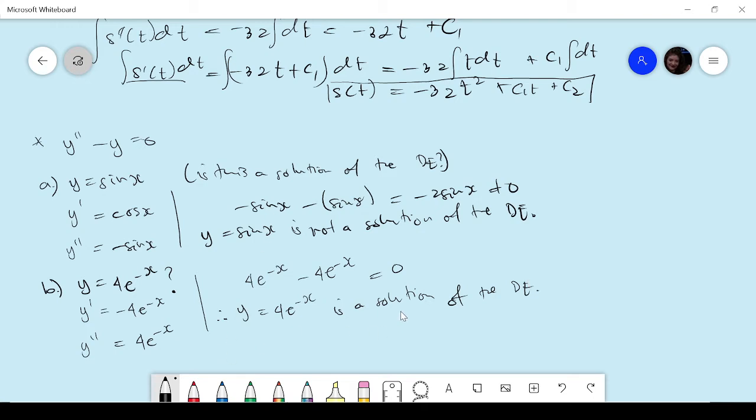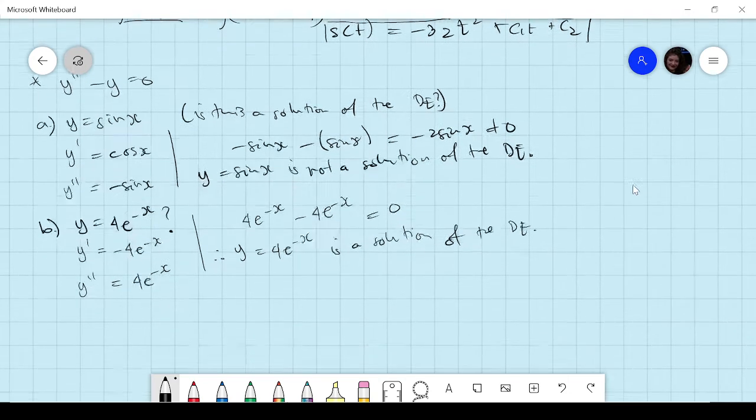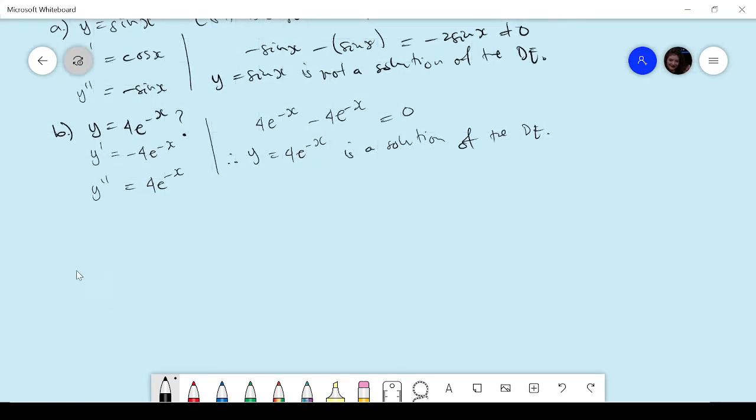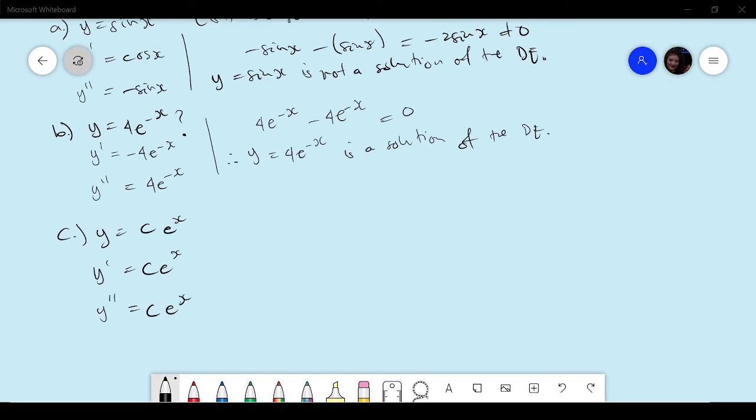Okay, how about the third one, for letter C, we have y equals c e raised to the power of x. So the first derivative is c e raised to the power of x, while the second derivative is still c e raised to the power of positive x.